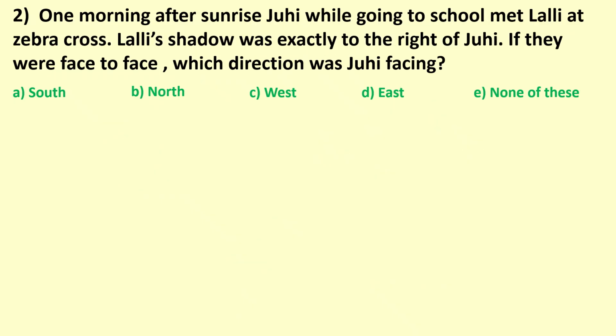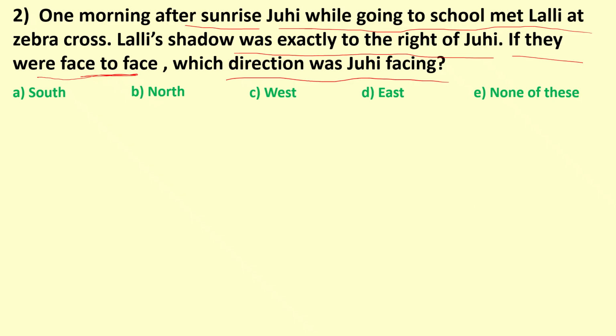Next question. One morning after sunrise, Joey, while going to school, met Lali at zebra cross. Lali's shadow was exactly to the right of Joey. If they were face to face, meaning they are facing towards each other, which direction was Joey facing?